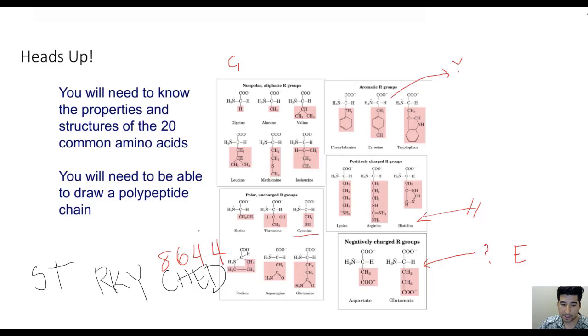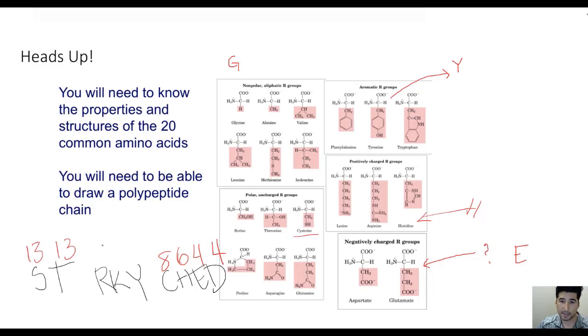Alright, so I'm pretty sure you get the idea now. These one-letter abbreviations correspond to the side chain of the amino acid. More specifically, it corresponds to the pKa of the side chain of that amino acid. So S is for serine, that has a pKa of 13. T is for threonine, that has a pKa of 13.